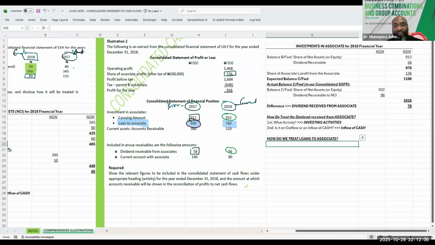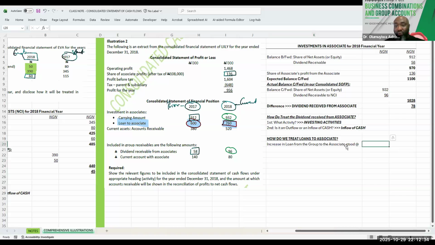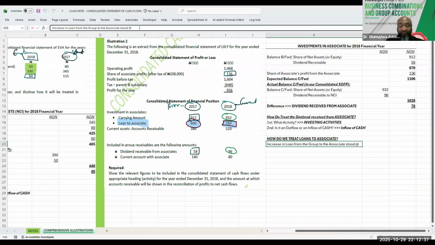At the end of the year, the loan has now increased to 760, which means the increase in loan from the group to the associates stood at the difference between 760 and what? 600.